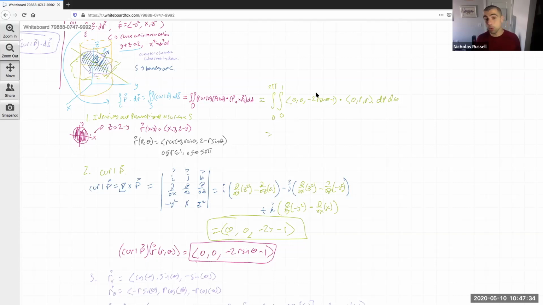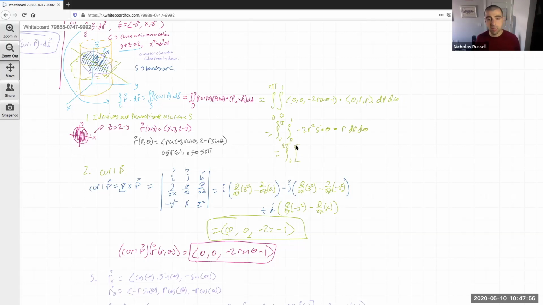Now we can just evaluate this integral. As you can see, the only part that's really going to matter is the z component here, which is negative 2 r sine theta minus 1 times r. So the integral from 0 to 2 pi, 0 to 1 of negative 2 r squared sine of theta minus r dr d theta. And now let's integrate this.